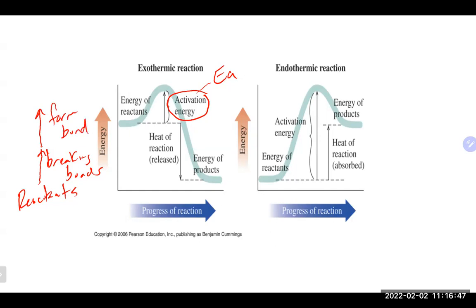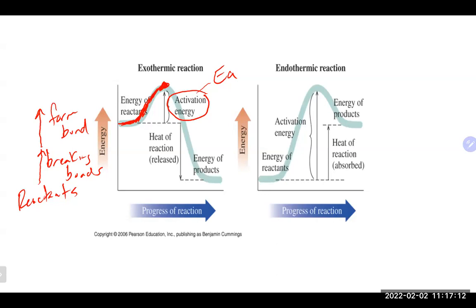And that's really what's happening as we come up this hill here. As we approach and come up this hill, the reactants start to break apart their bonds, not completely, they're partially breaking their bonds, but at the same time, they're starting to make their new bonds. So we get to the very top of the hill in terms of energy.